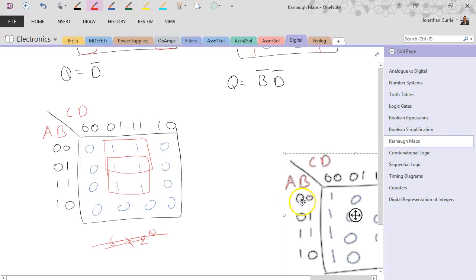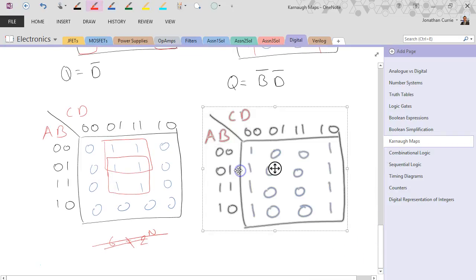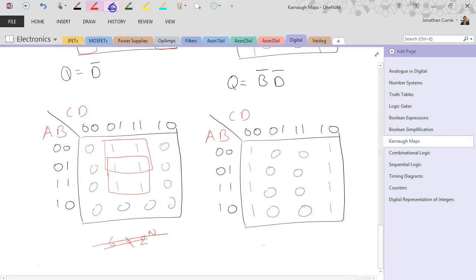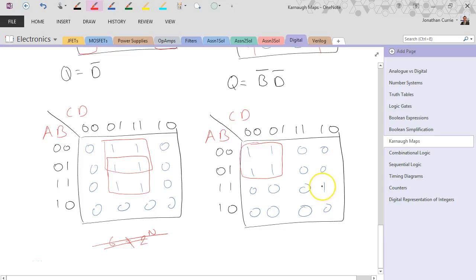Finally, if you end up in a situation where you have something like this, obviously there's a group here and you go, oh, I can't make a group of anything with 2 or more in that, I can leave it.